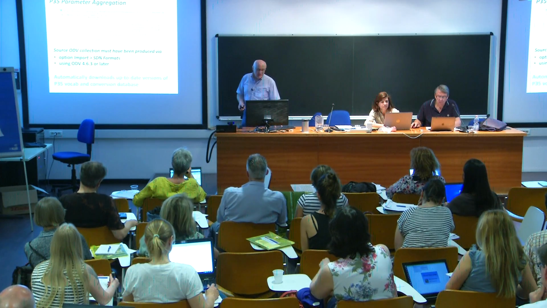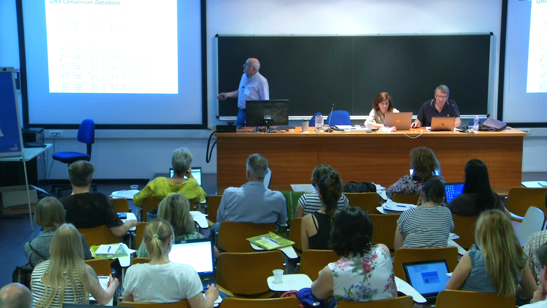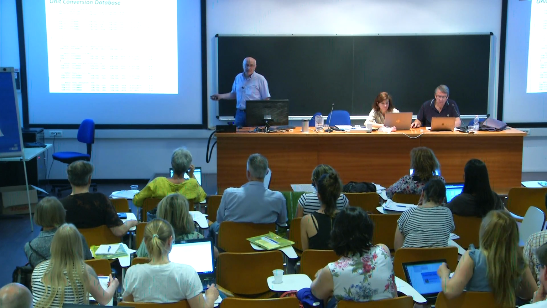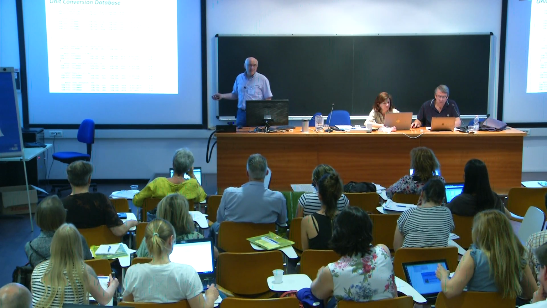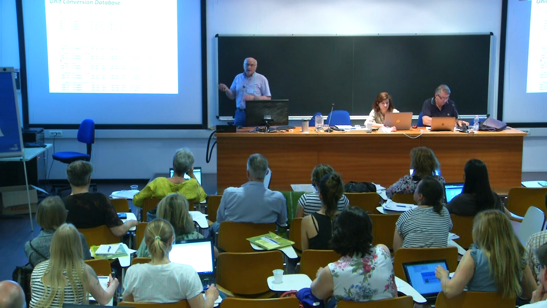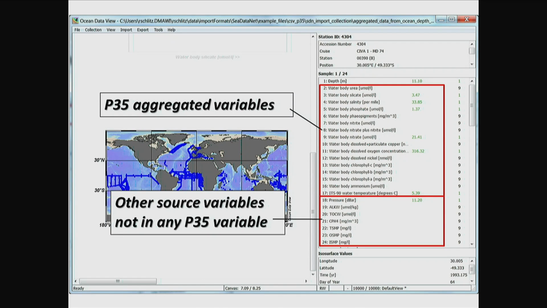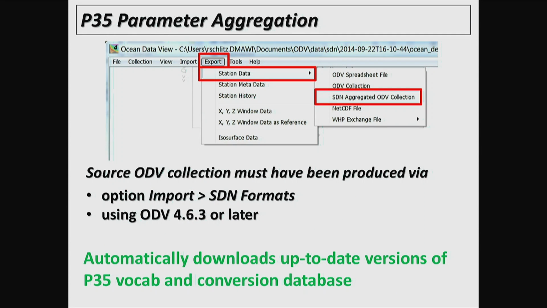All this is done automatically using a unit conversion database that right now we at RV maintain. And so when you start this export, as I have shown in the previous, once you have started this, ODV will go to the internet.